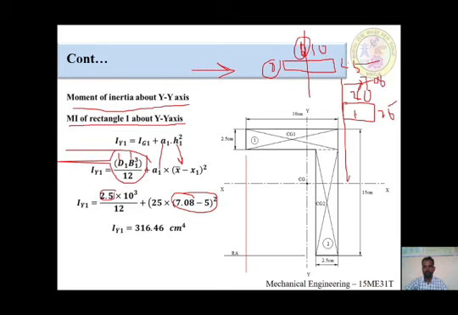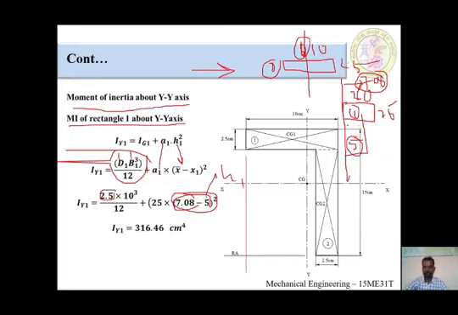This is the first component, and from here to half of the component is 5 centimeter. The x bar value is bigger and this x1 value is smaller, so we have to put it like this: 7.08 minus 5, whole square. This is the H1 value.